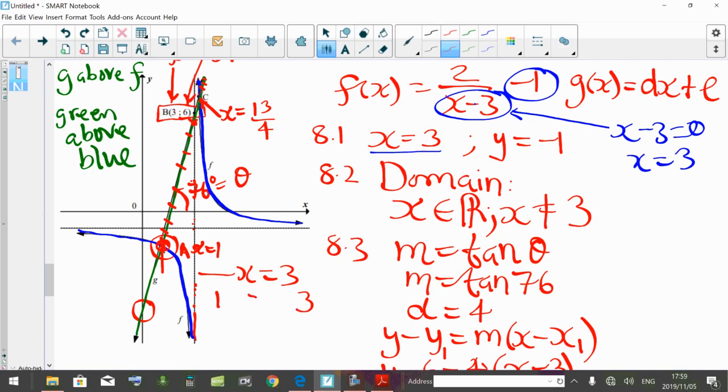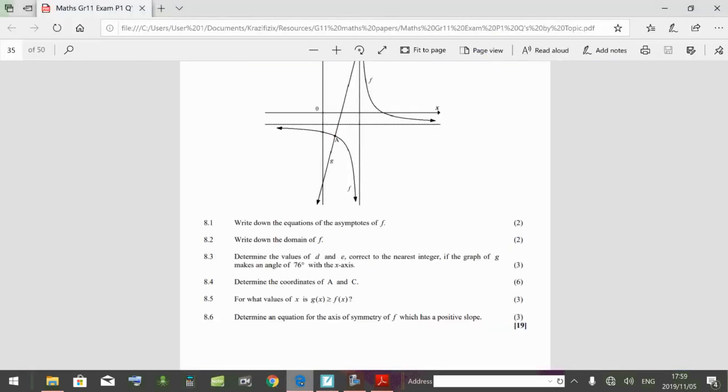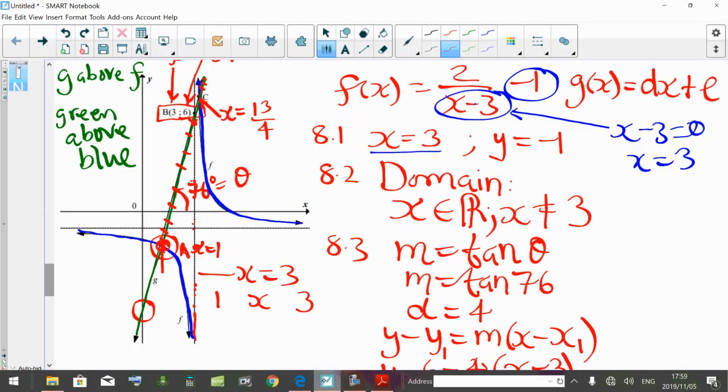But now we need to decide whether 1 is included, whether 3 is included. Let's go back and check the question. If you look at the question, they use greater than or equal to, which is not a strict inequality. So here we can say greater than or equal to 1.